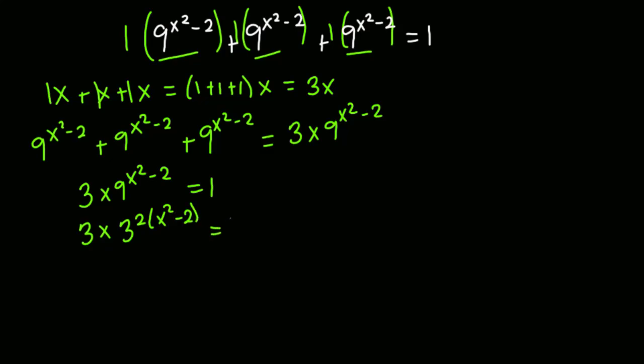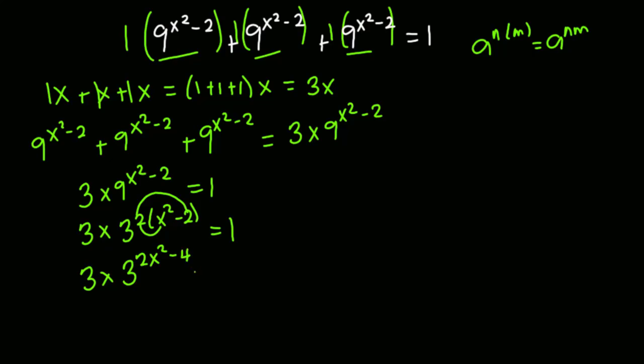All these is equal to 1. Now from the law of indices, if you have a exponent n into bracket m, this is the same as a exponent nm, so it multiplies. So over here I'm going to get 3 times 3 exponent, the 2 is going to multiply x squared and also multiply the 2, so that gives us 2x squared minus 4, and all these is equal to 1.